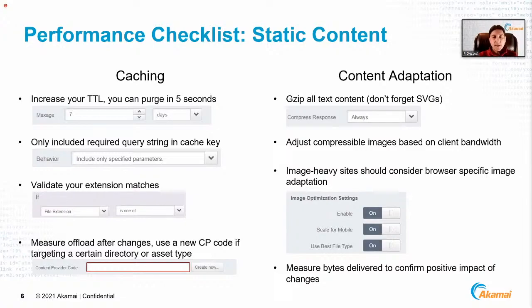So you have things like browser specific images, new formats, WebP, JPEG XR. You should consider using those, either automating, having the CDN automate that adaptation of those image types, or do it on your side. But you can really save a lot of bytes by using those optimal image formats, and sometimes even scaling for mobile devices.